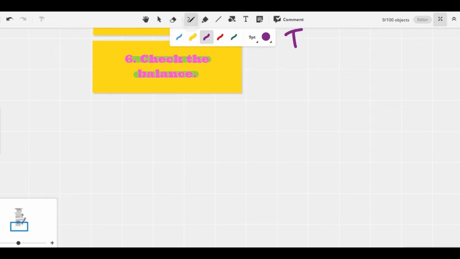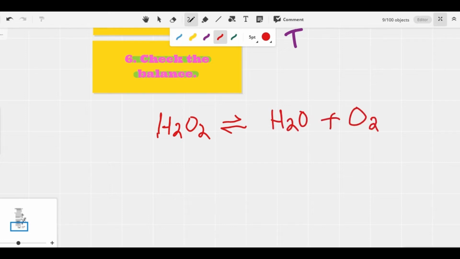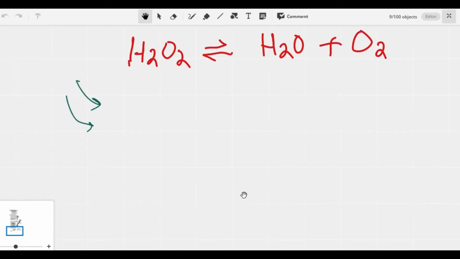Let's suppose I'm going to solve the first equation. Here is H2O2 that will give H2O plus oxygen. Remember that there are two media in which we can balance the ionic equation by using the ion-electron method.